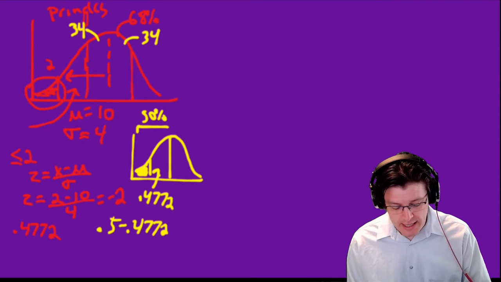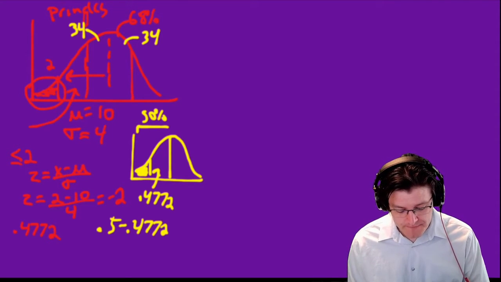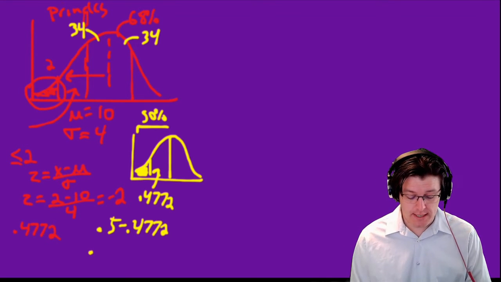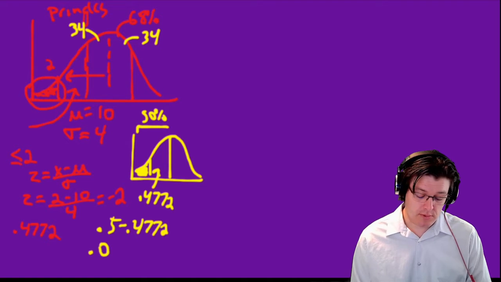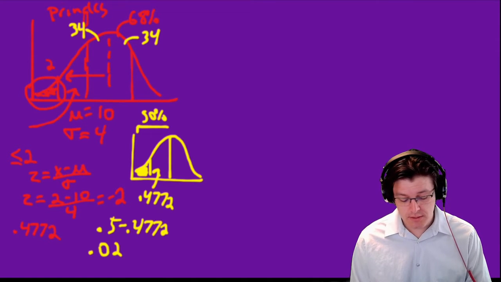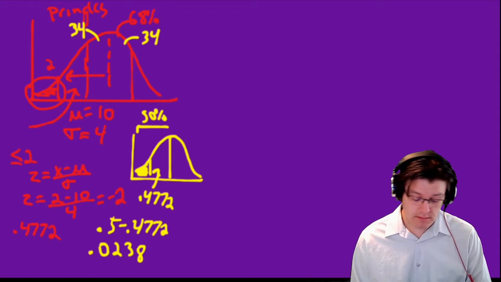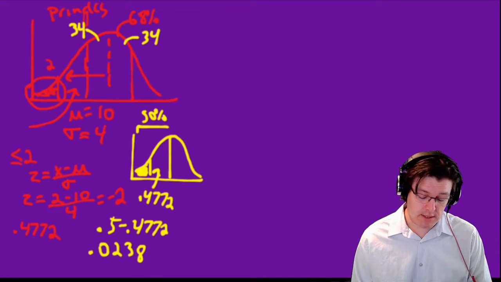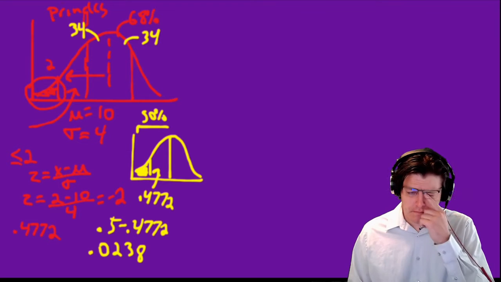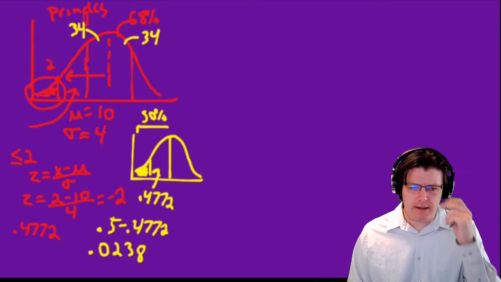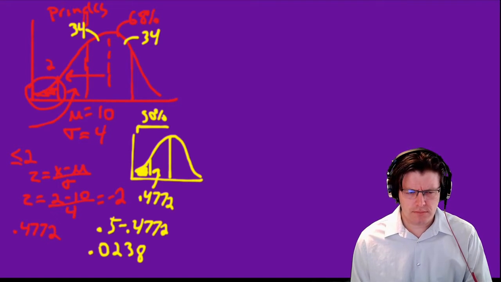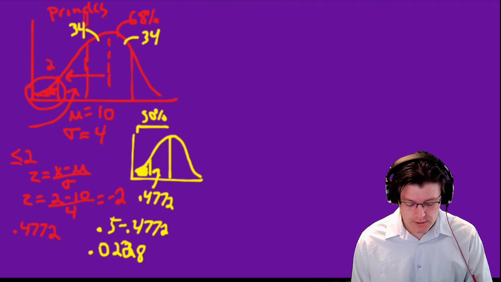And so we know then that our little window there is 0.0228. Did I do that right? I think that's right. How does math work? 0.0228.